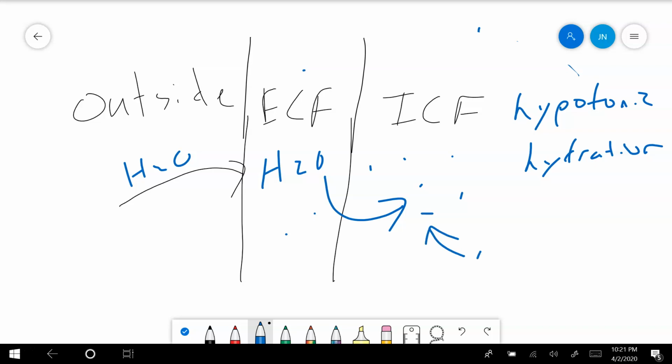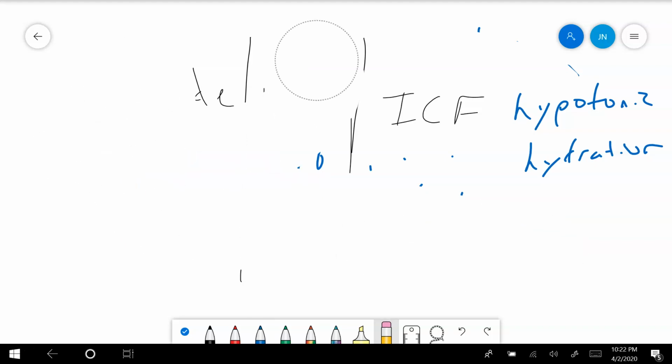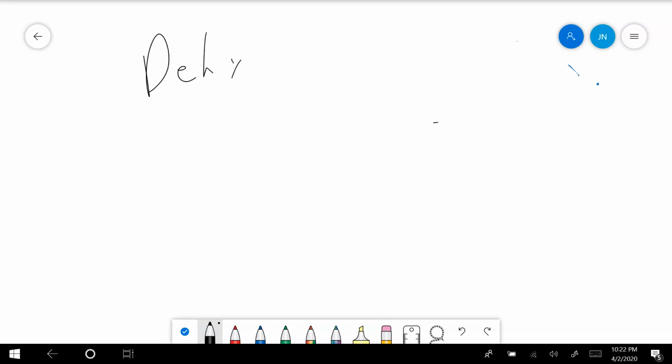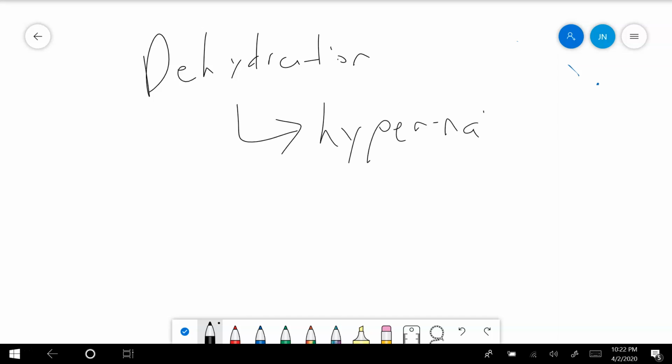Our ion that we're concerned with here will most likely be sodium. In essence, dehydration is basically what we would call hypernatremia.